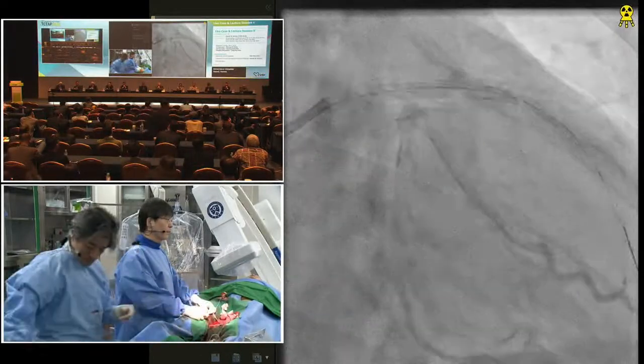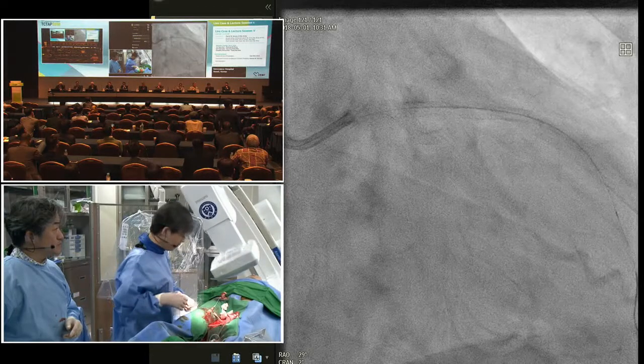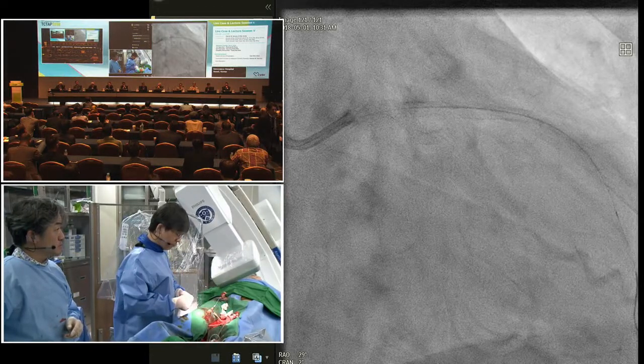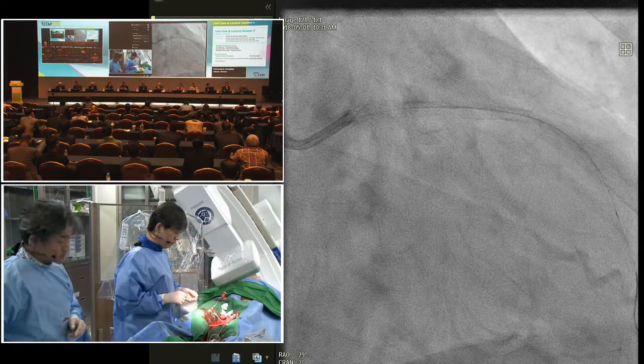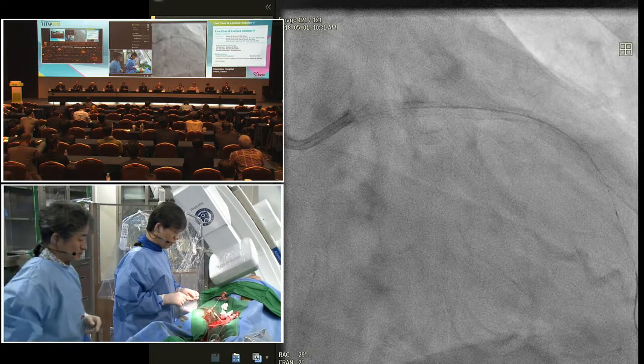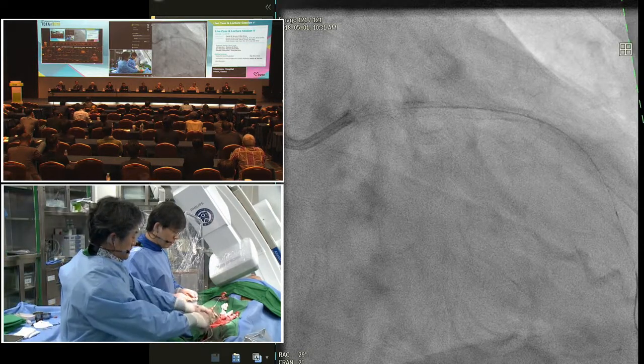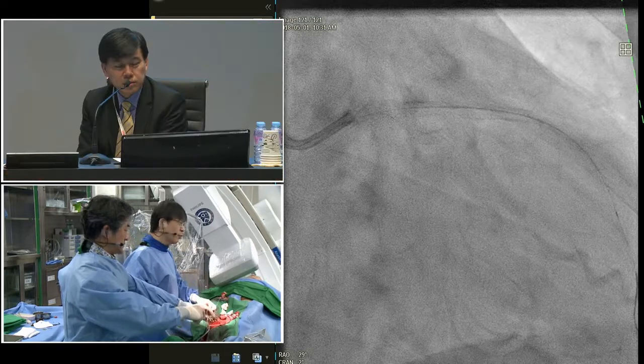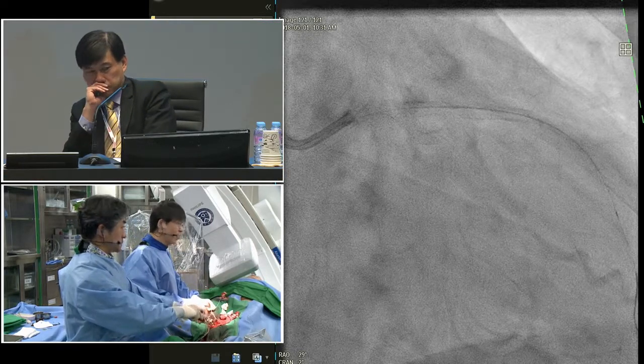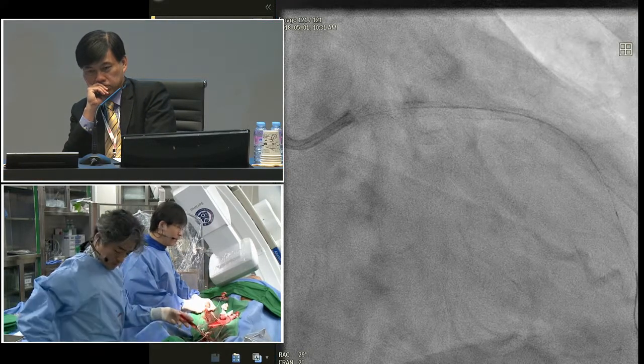Yeah, actually doing a POT will help to facilitate the wire into the side branch. My question here is, do we cover the ostium of the left main? Let's check with the IVUS. I'm not sure if it is covered or not. And the POT has also another function.